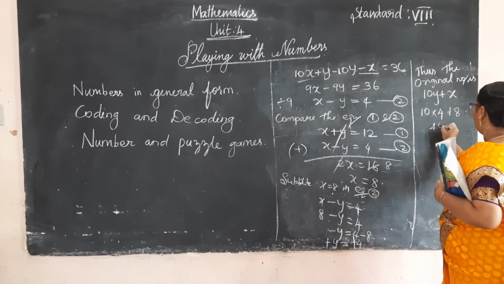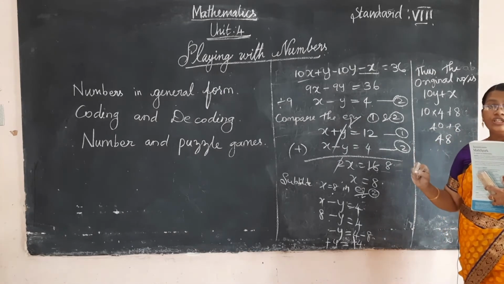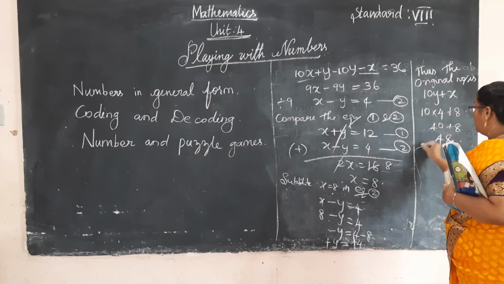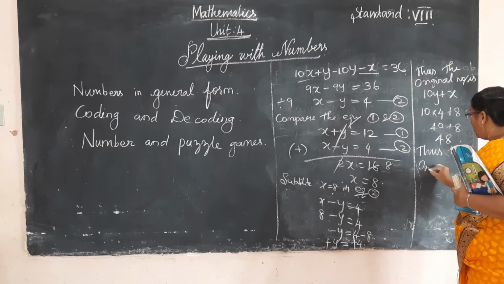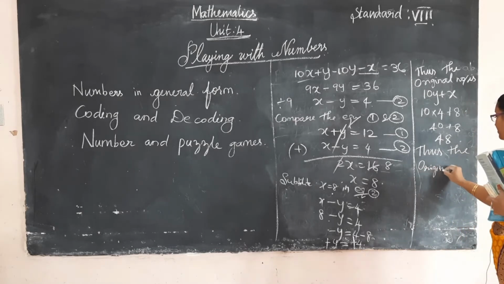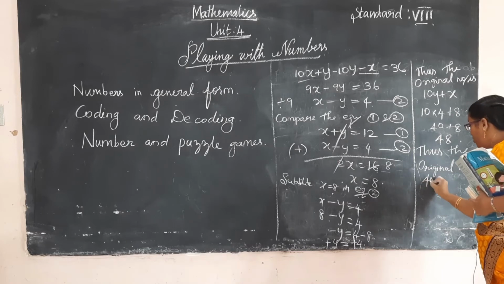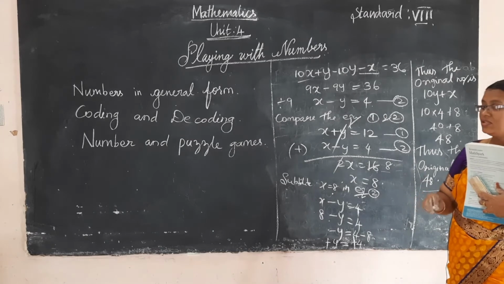So 40 plus 8 is 48. Thus the original number is 48. I hope you all understood this concept.